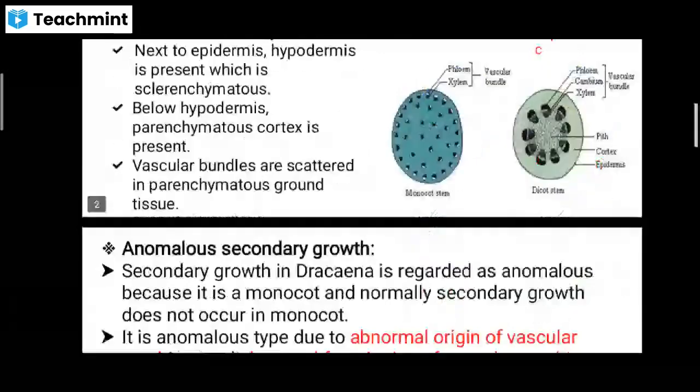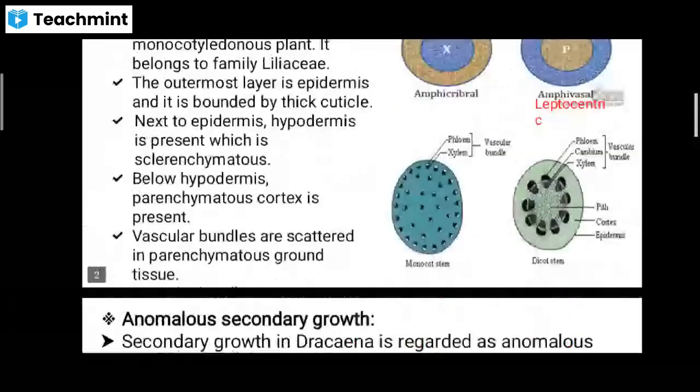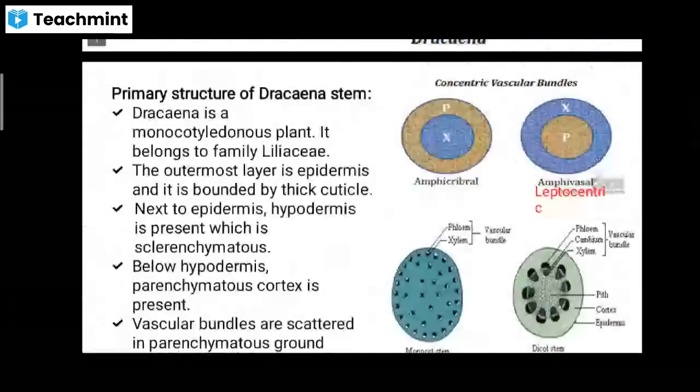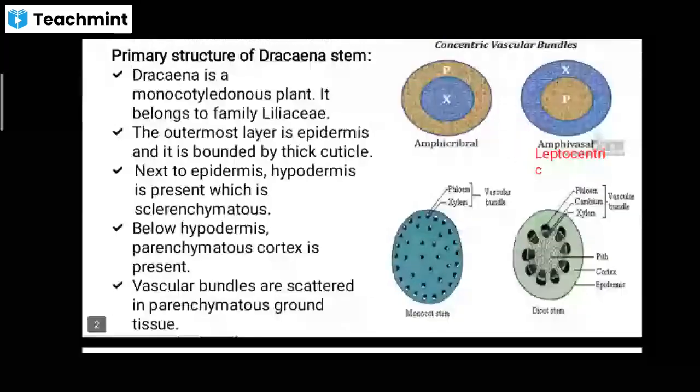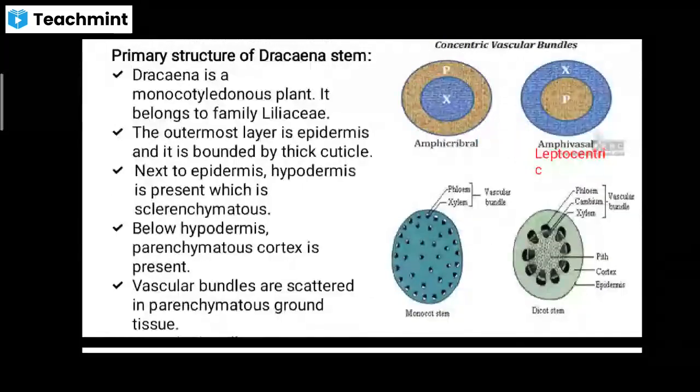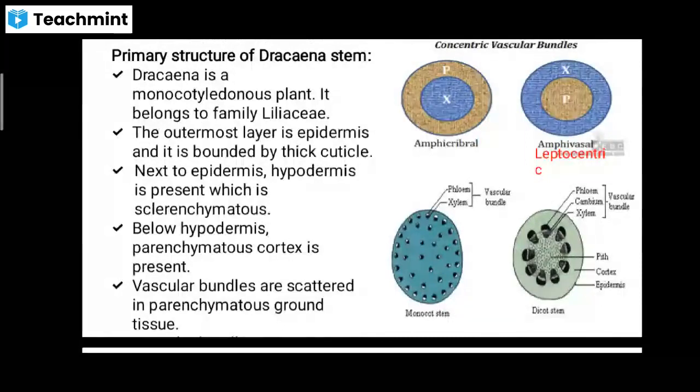In the primary structures of the Dracaena, the vascular bundles may be concentric vascular bundles.